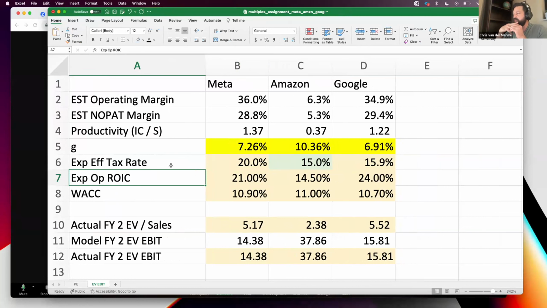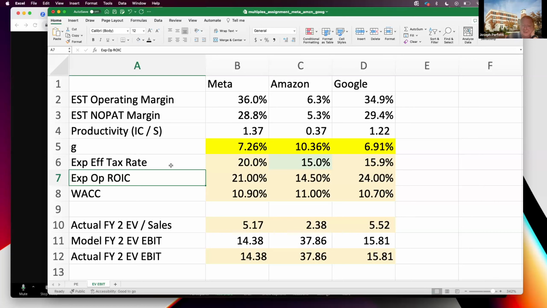We have the tax rate at 15% here, which is already about 4.5% higher than what the analyst had, but I feel like for the long term, that may be a more realistic number. Meta holds a slightly higher ROIC and a higher spread, but just can't keep up with the growth rate that Amazon is seeing.